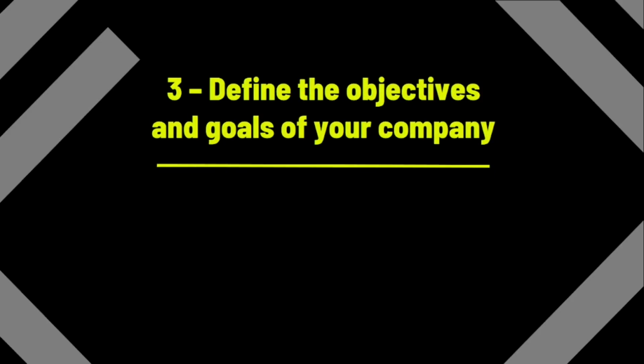Third, define the objectives and goals of your company. Remember that objectives are what you want to achieve and goals are the specific activities, the specific tasks that will allow you to achieve the objectives. The goals in big companies are called KPIs, which stands for Key Performance Indicators.